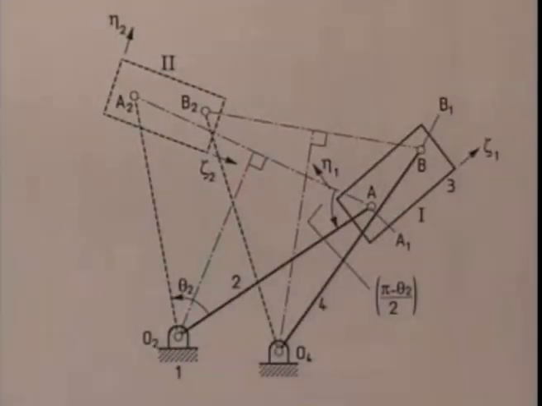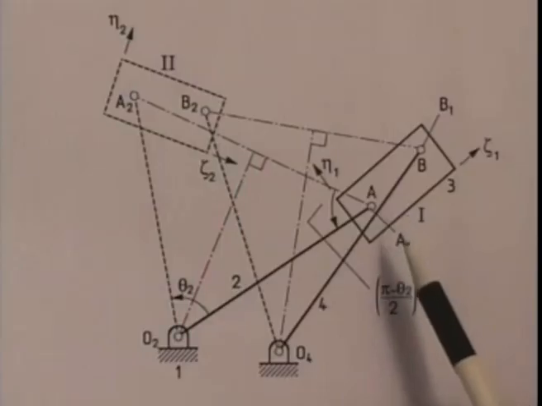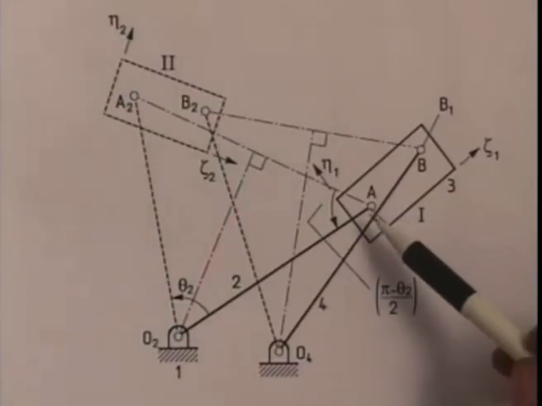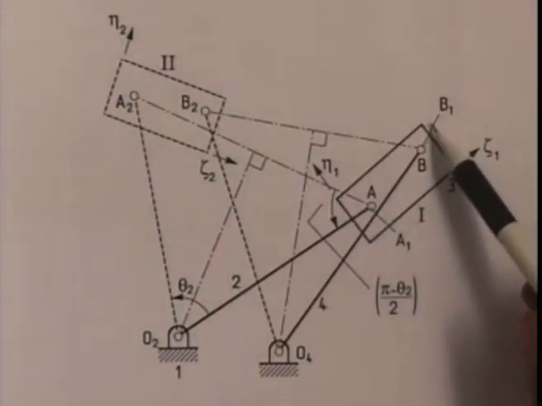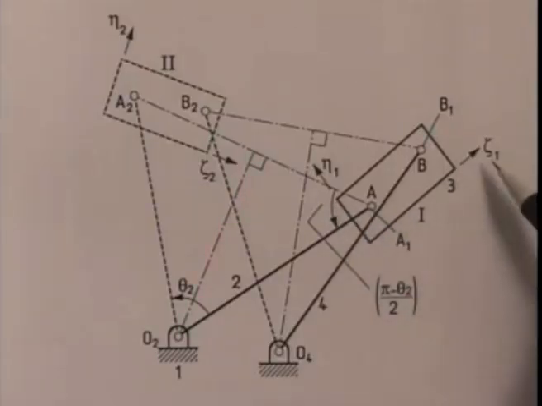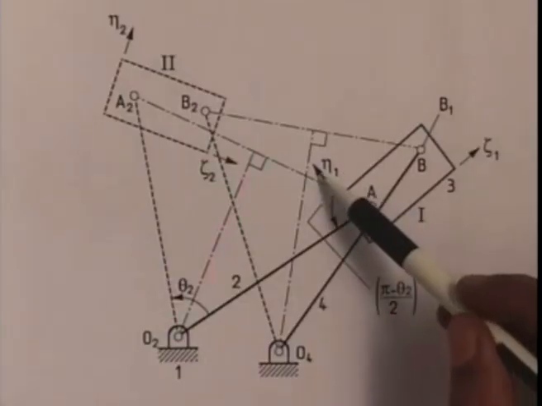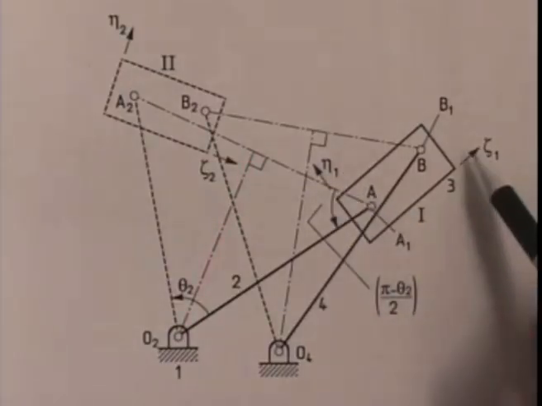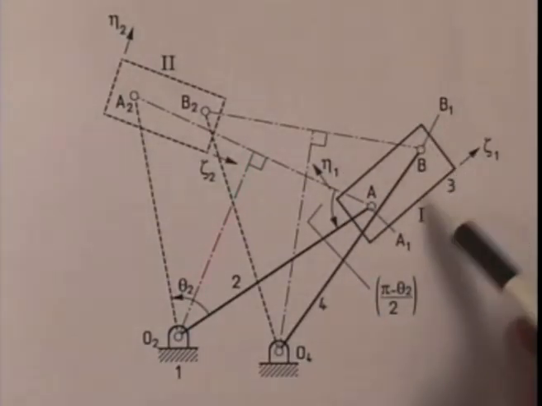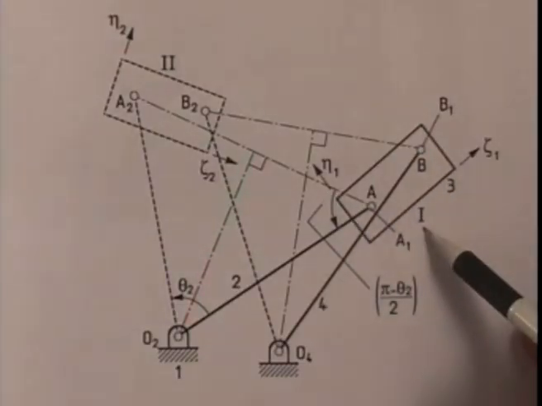To explain the geometric method of solving a two-position synthesis problem, let us consider this diagram. Here, the first position of the coupler, which is a rigid body, is defined by these two axes, say zeta 1 and eta 1. These two axes completely define the position of the coupler, and that is what we call the first position 1.